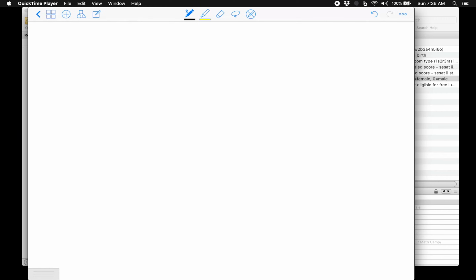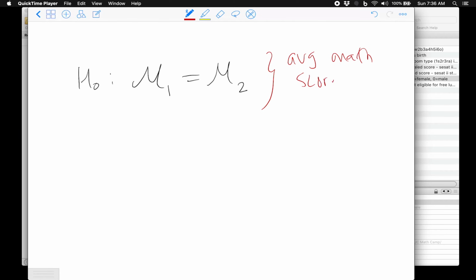So something that you would be most likely to actually test in the real world is not whether the average score is a specific number, but rather, is the true average for group 1, females, equal to the average for group 2, which is males, for example. So in English, your null hypothesis is that the average math score is equal for males and females.